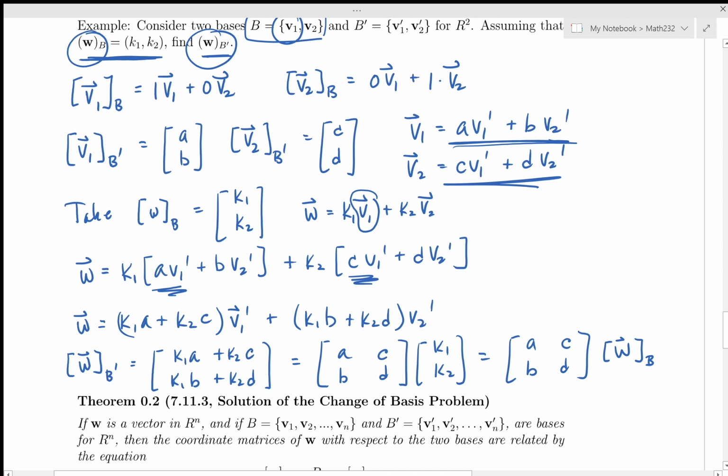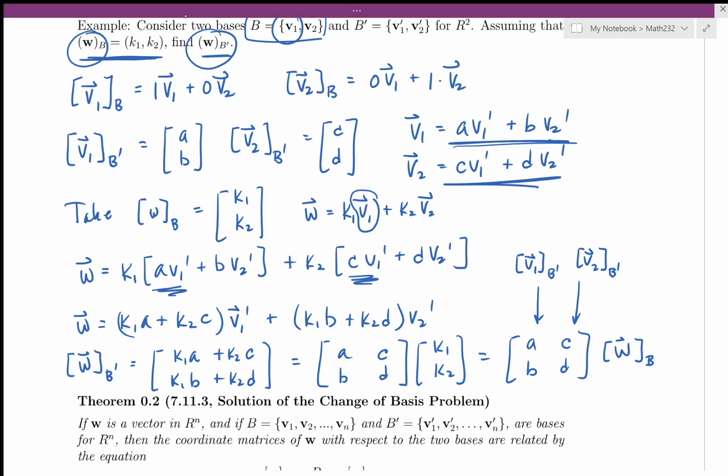And you see what this is here. This is v1 referenced to B prime, and this is v2 referenced to B prime. Let me just circle those things to see what's going on here.